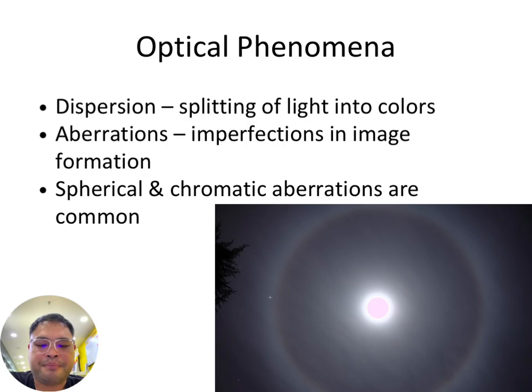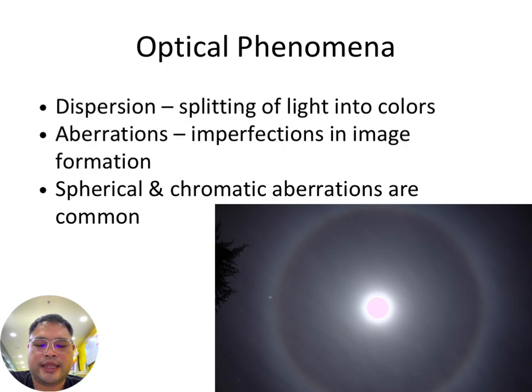Sometimes light does not behave perfectly, and we get some interesting optical phenomena. One example is dispersion, where white light splits into different colors, like what happens in a rainbow. Another is aberration, which is a small imperfection in how light focuses.